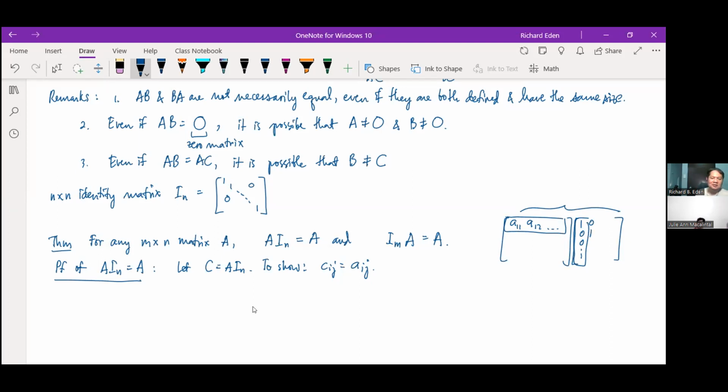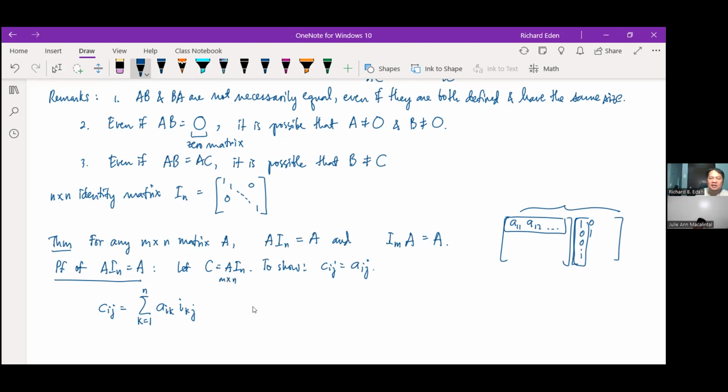So pwedeng ganon. Okay. Anyway, here, C sub ij is the sum of A sub ik and I sub kj as k runs from 1 all the way to m. Okay, kasi A is m by m.